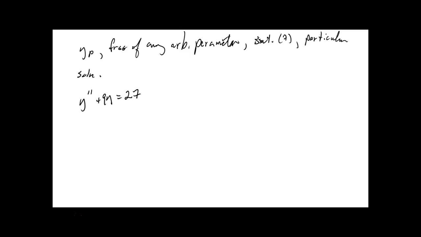If y is equal to 3, right? Y prime is 0. Y double prime is 0. So that's 0, and 9 times 3 is 27. Oh, wow. What a surprise, okay?